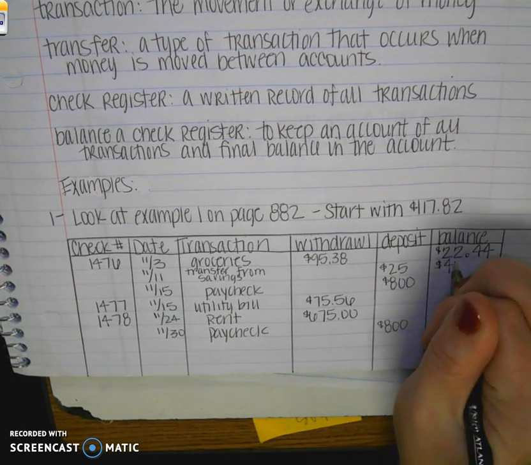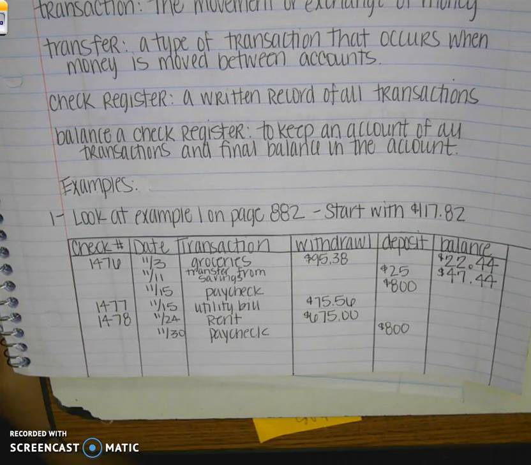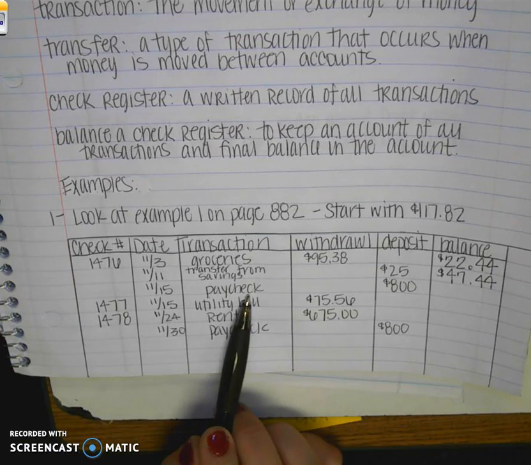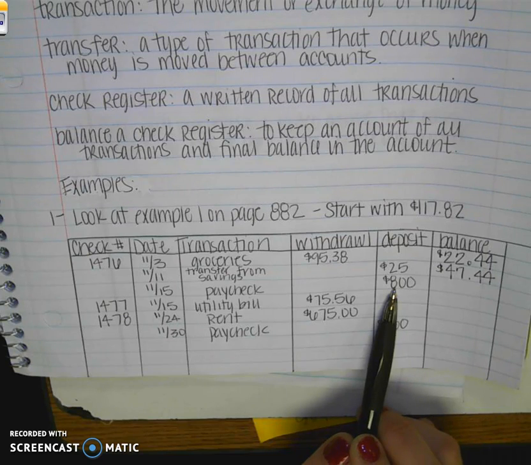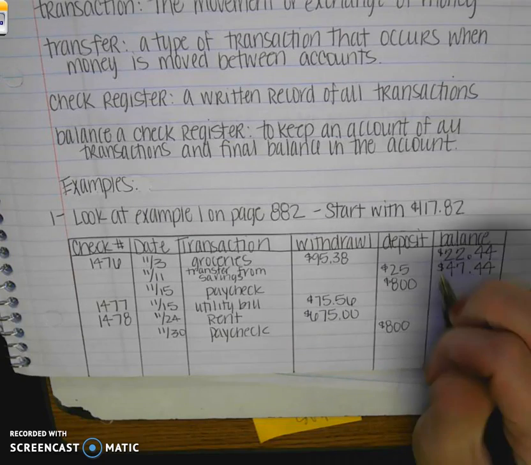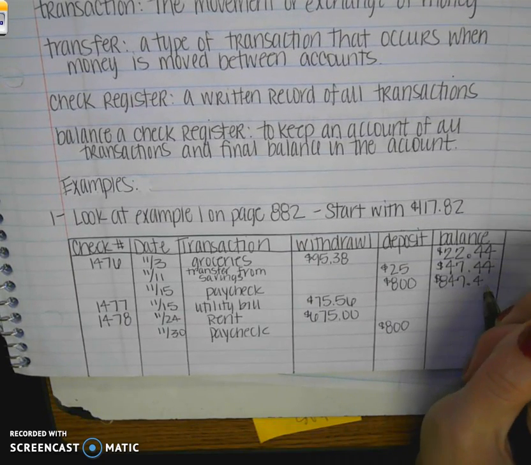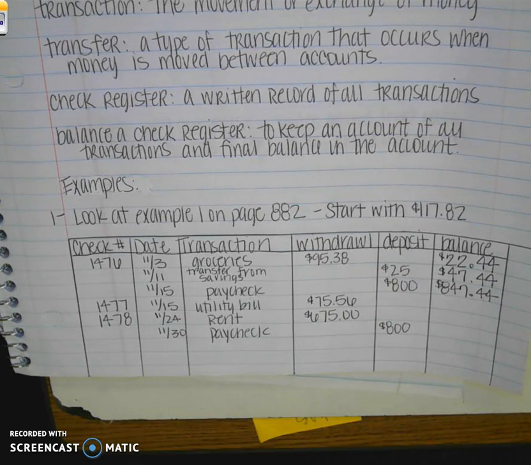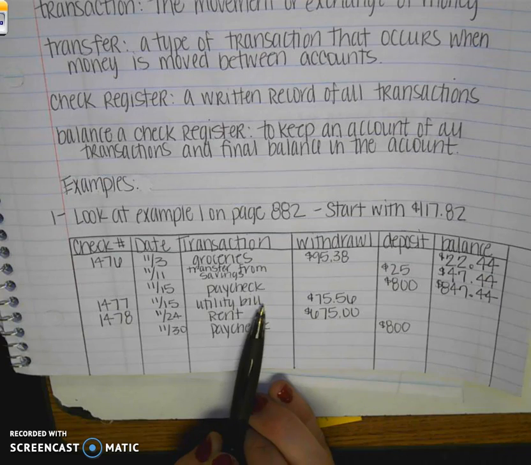So now my balance in my account is $47.44. Then on the 15th, I get paid. So they deposit $800 into my bank account. Since it's a deposit, I'm going to add it to my balance. So now currently I have $847.44.